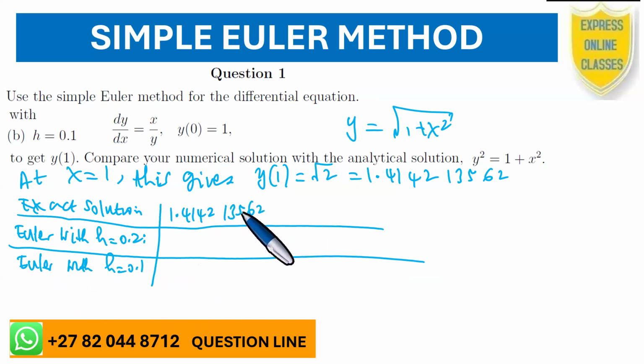When h equals 0.2, we have already got the answer.